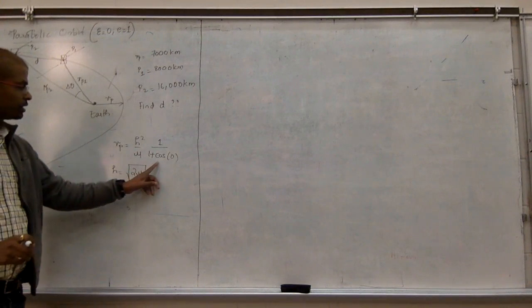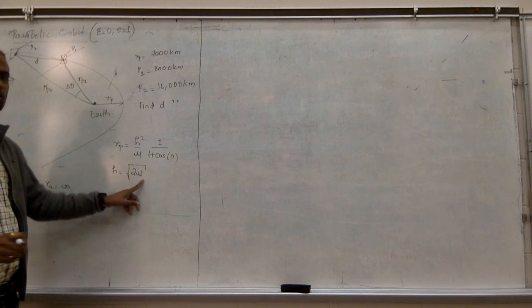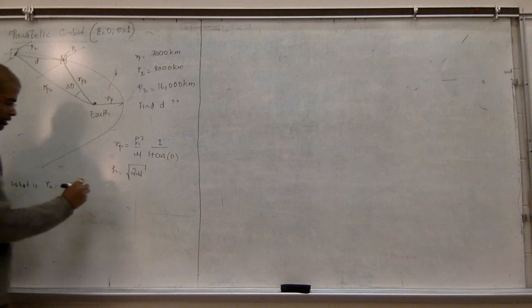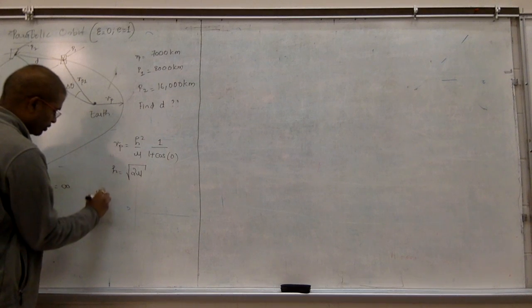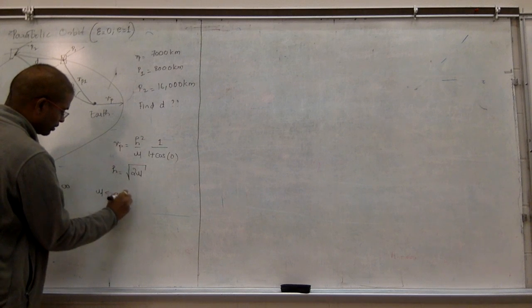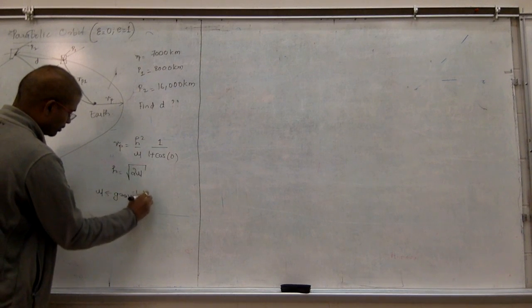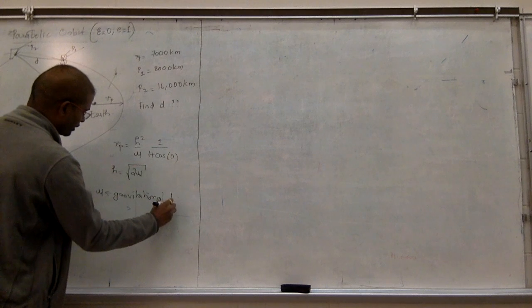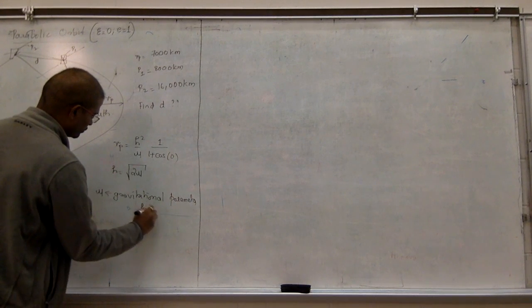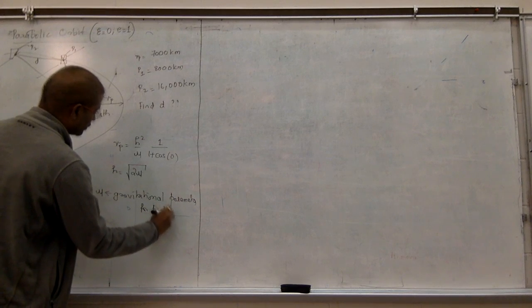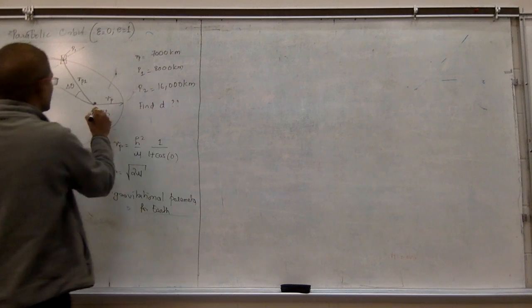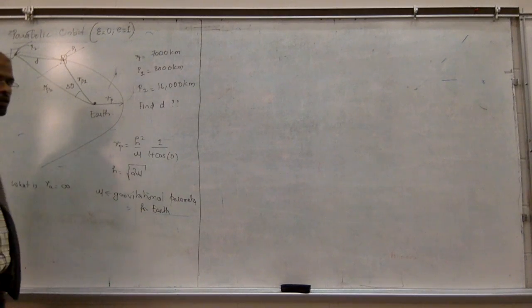So if I say this is h squared over mu, you can calculate what is mu? Gravitational parameter for Earth. Okay. So this mu will be given to you.